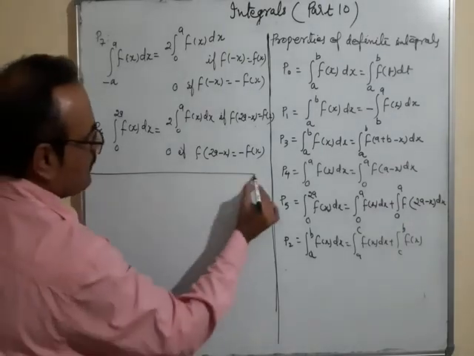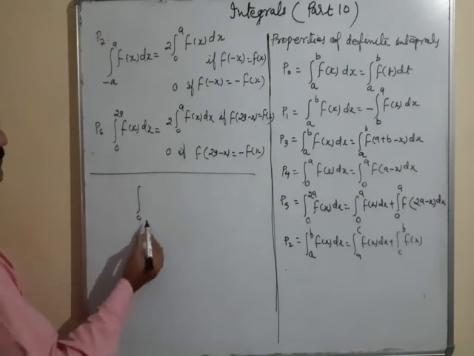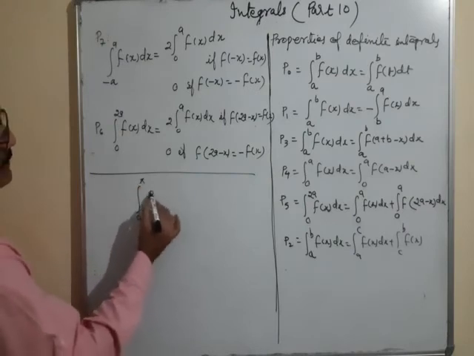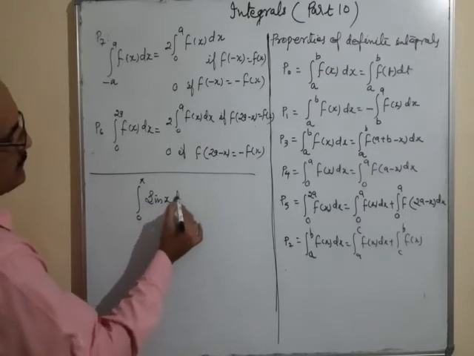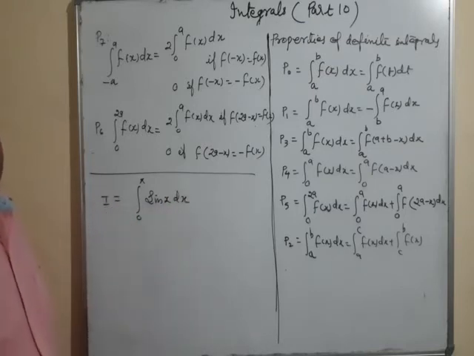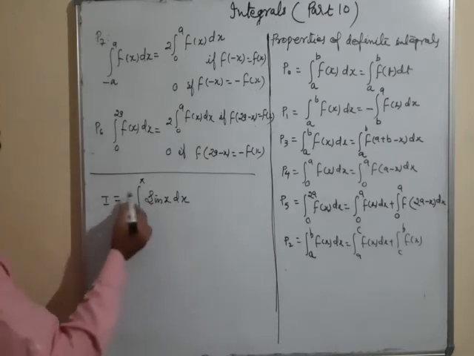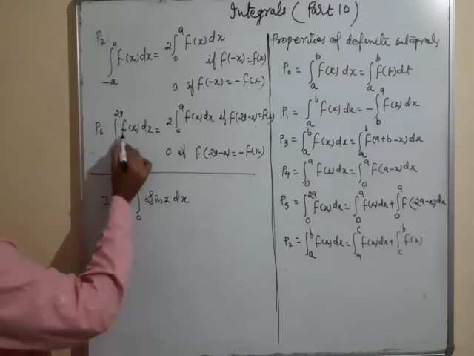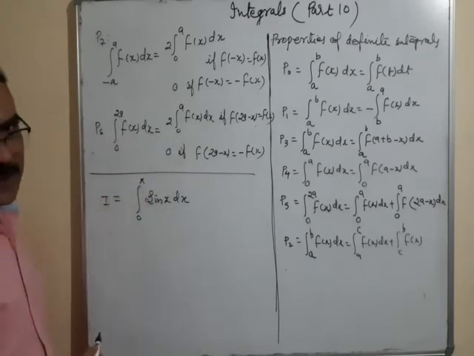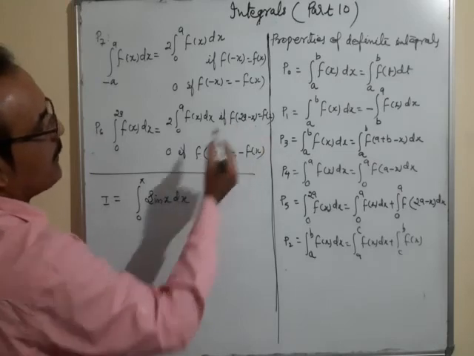This property will be understood by an example. Suppose integral from 0 to pi of sine x dx. Here 0 to pi, so this is 0 to 2a f of x dx. Let us see whether it is applied or not. So simply it is given that f of 2a minus x.